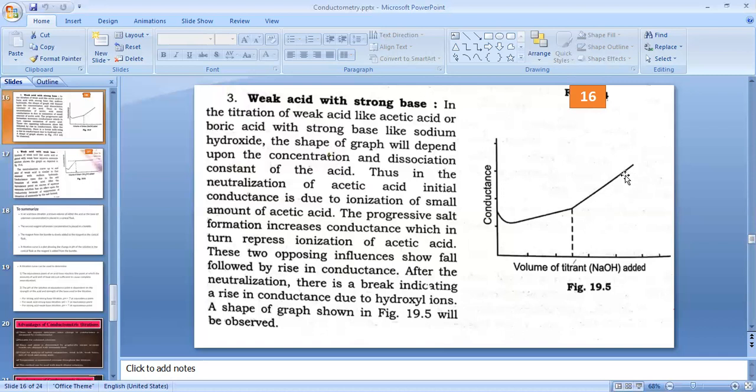This rise is due to the presence of the hydroxyl ions of the strong base, sodium hydroxide. So this point indicates the end point of the titration, that is, all of the acetic acid has been consumed by sodium hydroxide, and the rise in conductance is due to the excess drops of sodium hydroxide added from the burette.